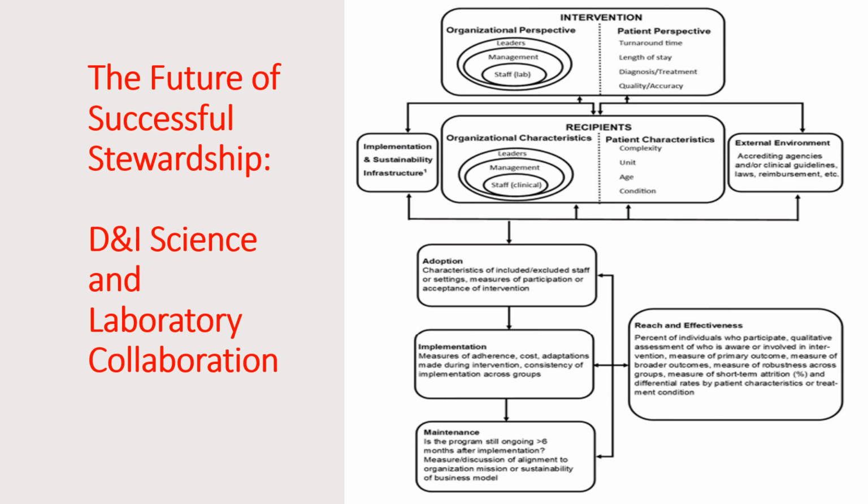So what are the interventions, and what are the characteristics of the recipients in terms of organization and patients? In terms of patients, it is complexity, the unit, age, and condition. It is also influenced by the external environment such as academic agencies and guidelines. So in all these, the interventions and the recipient characteristics affect the adoption, implementation, and maintenance of the DST program.